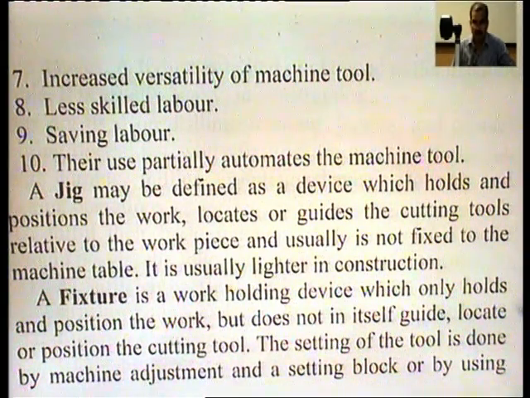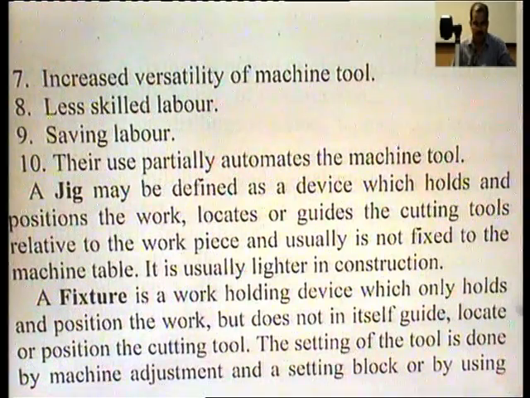Less skilled labor: when we use jigs and fixtures, the operation is partially automated, so skilled labor is not required. Semi-skilled or less skilled labor can serve the purpose. Then saving labor. And last, their use partially automates the machine tool.